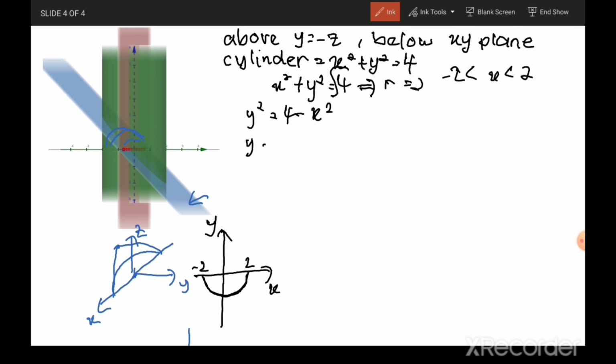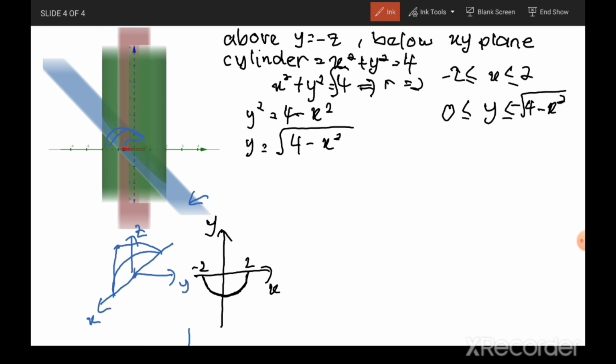To find the interval for y, y is equal to the square root of 4 minus x square. So y is between 0 until the square root of 4 minus x square.